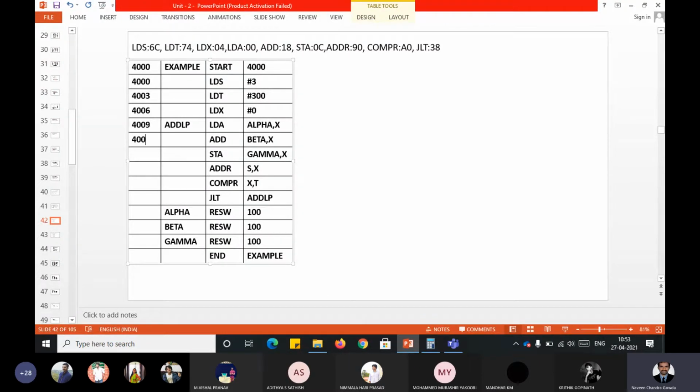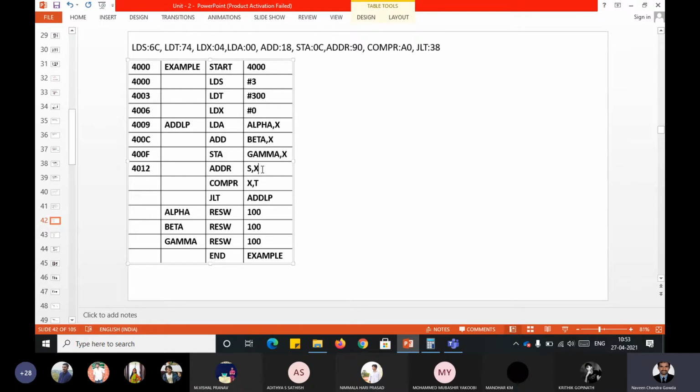After 9 it is 10, 11, 12, so you'll get 400C. 12 is C. Next again, after 12 it is 15, and 15 is F. So after F, it is F plus 3, you get 16, which is 10, 11, and 12. So you'll get 4012.